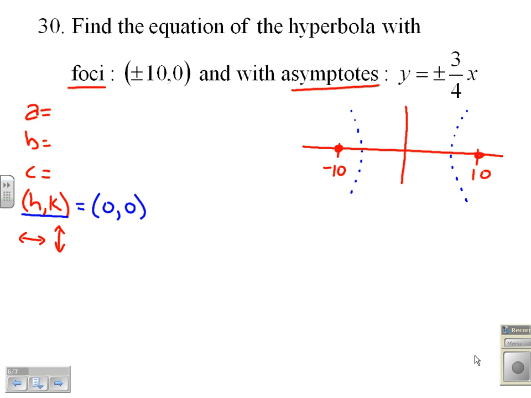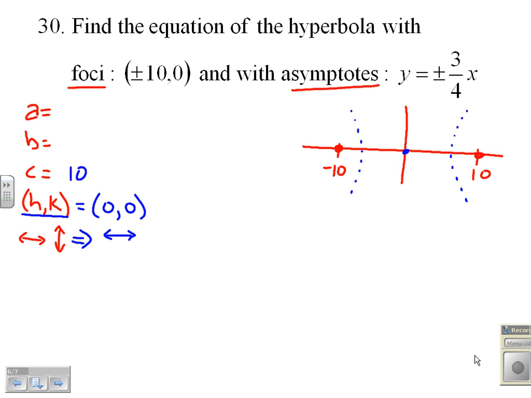If we're given the foci, I often say you can't spell focus without a C. So they give me the value of C, which is the distance from our center to our focus, in this case, 10. And they also tell me that this guy's opening in an x direction. This is what I would refer to as an x squared hyperbola.